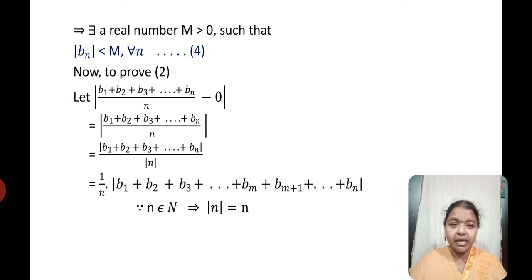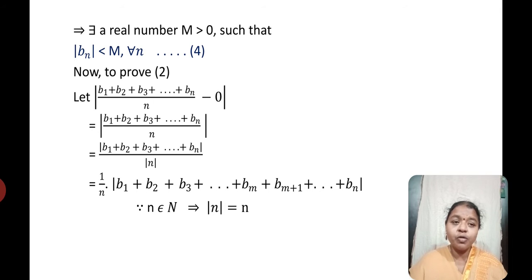Using that property, this is written as modulus of (b1 plus b2 plus b3 and so on plus bn) divided by modulus of n. And we know n belongs to natural numbers, hence modulus of n will be equal to n only. So it is rewritten as 1 by n into modulus of (b1 plus b2 plus b3.